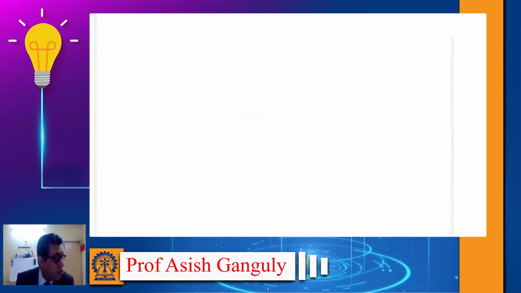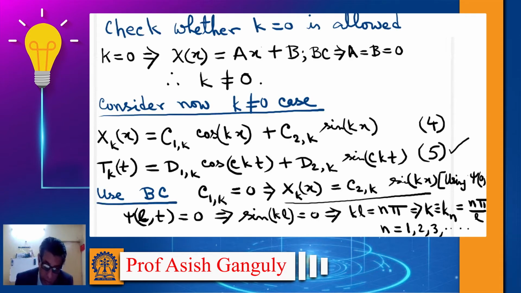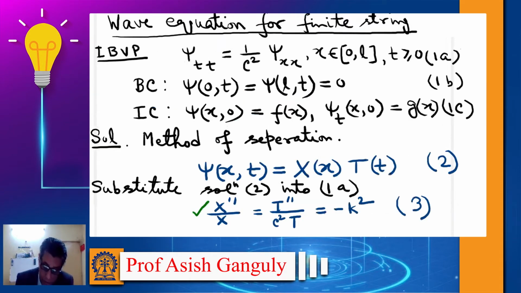So what we can do is first let me write psi. This is psi, remember? Product of this. So we find the form of capital X and capital T. Both contain arbitrary constants. Capital X contains one arbitrary constant.